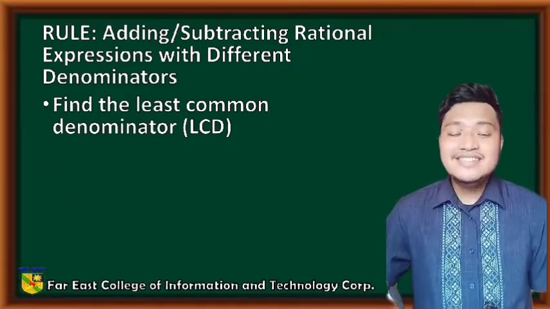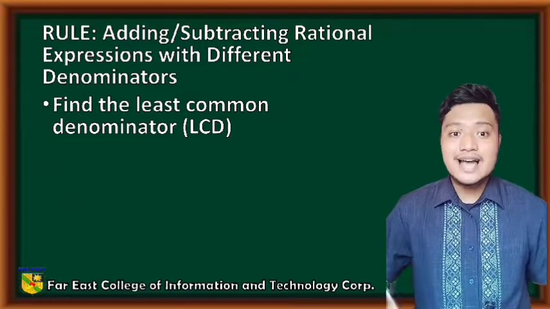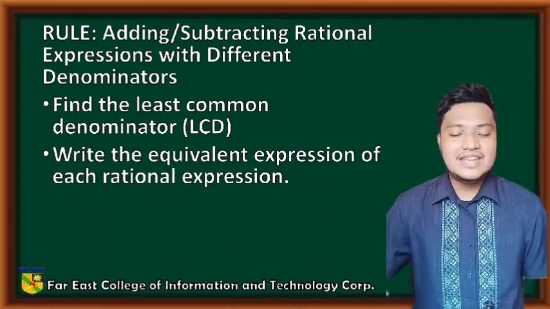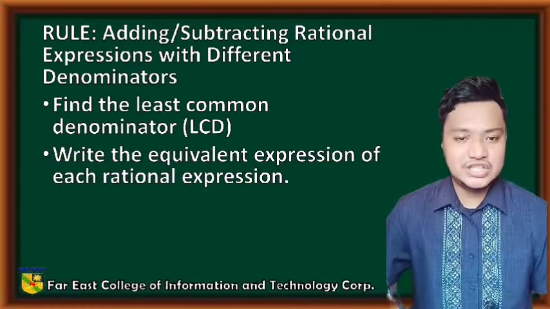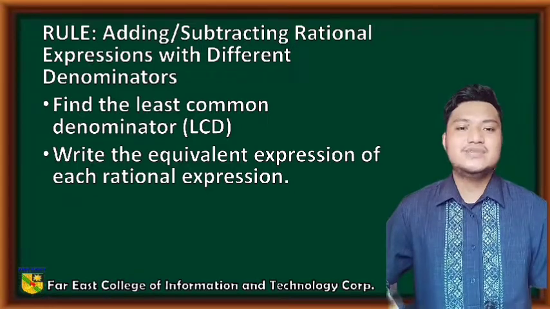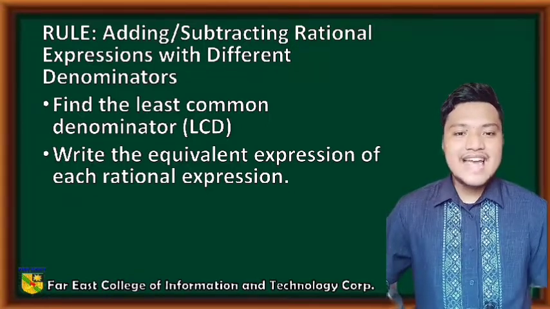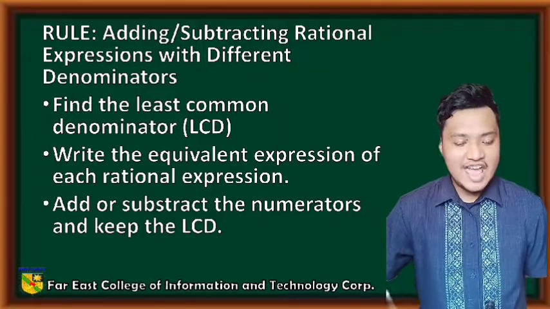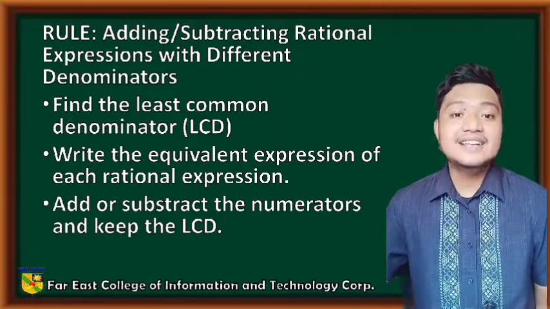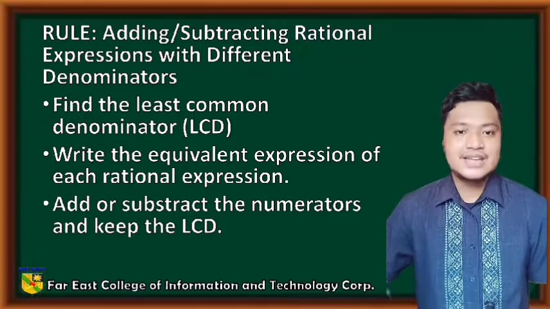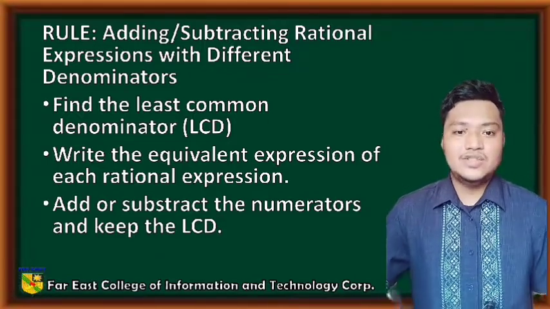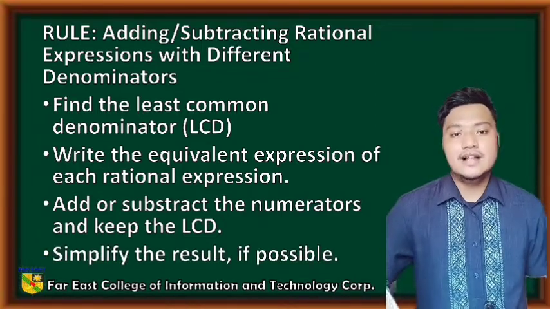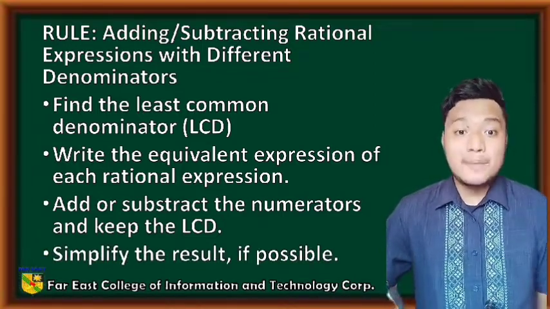In finding the LCD, I will discuss it later on. Next, write the equivalent expression of each rational expression. Next, add or subtract the numerators and keep the LCD. And lastly, simplify the result if it is possible.